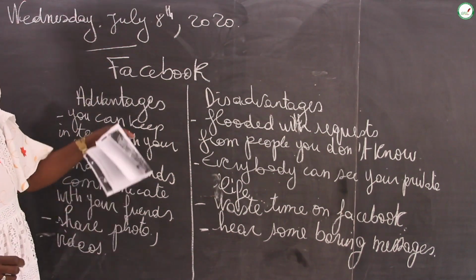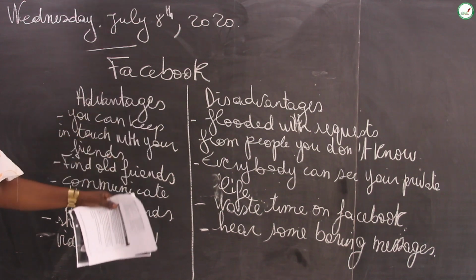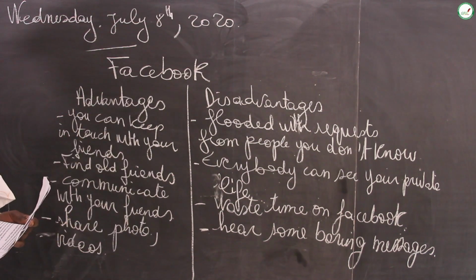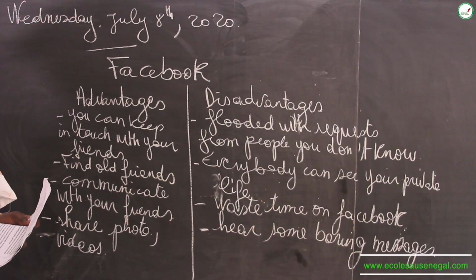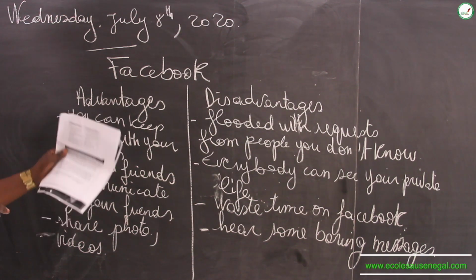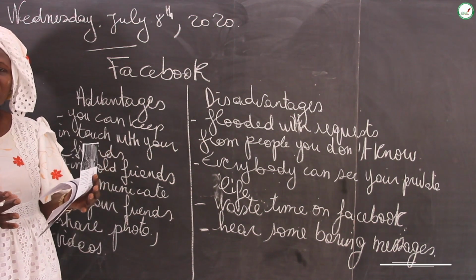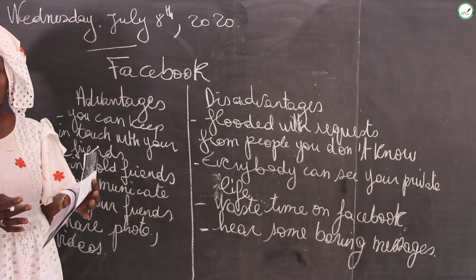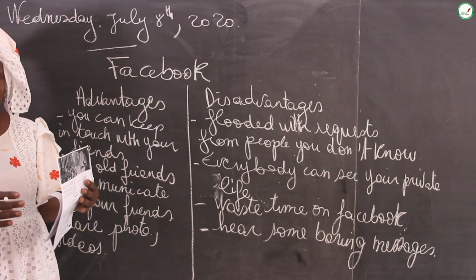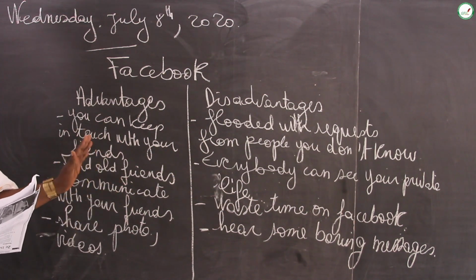Right, so we have here a list, and for sure you have other advantages and disadvantages in your list. Now, after this pair work, you can work in a group of 4 in order to complete your list. And this list, we are going to keep it because we are going to use it after.